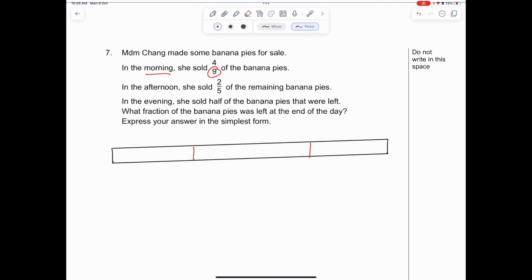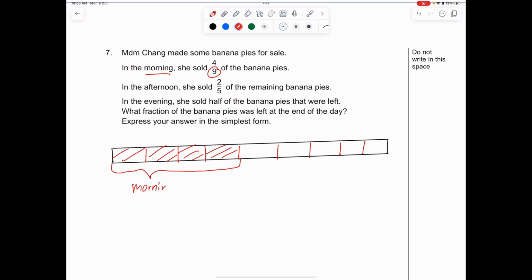Let me see if I can adjust this. Yes, okay. Then she said that she sold 4 units. So 1, 2, 3, and 4. So this red color belongs to the morning, right?